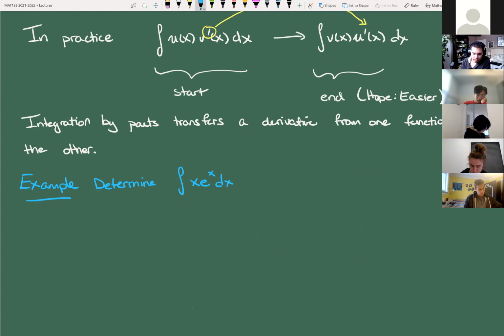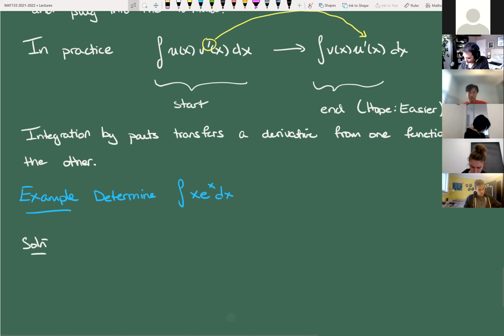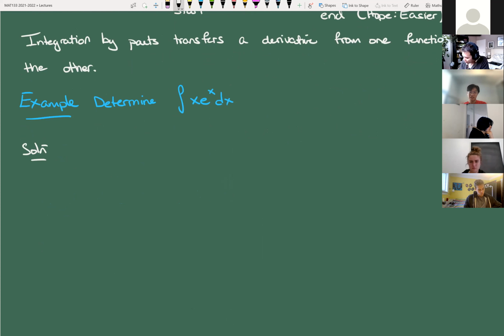But let's determine this. Let me spell this out, though I would normally just do this in my head, and if you get good at it, you can. So what I've got here is my function x and e to the x.